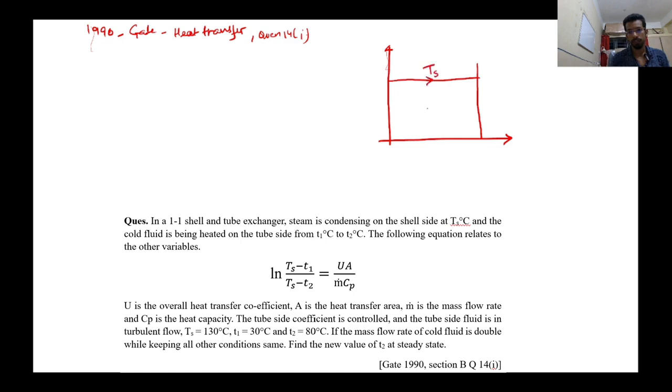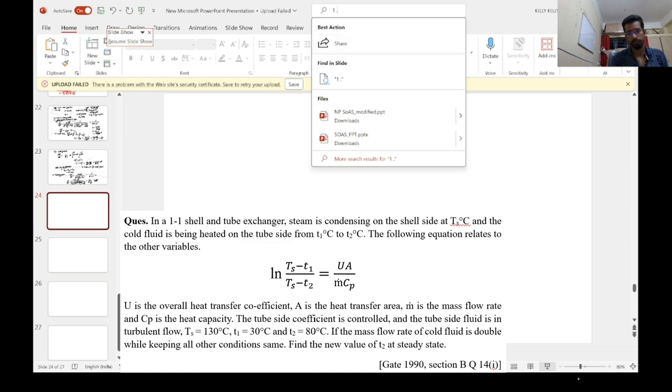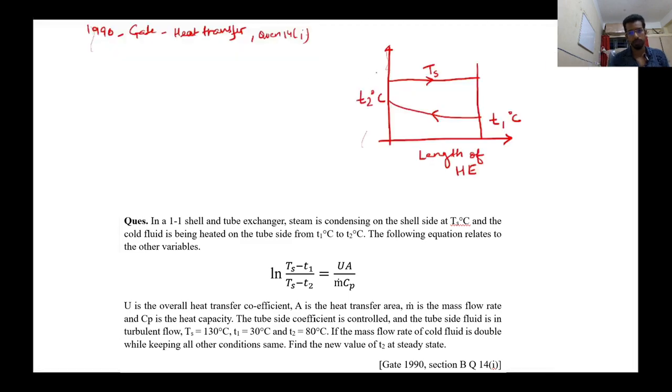Okay, and the cold fluid will get heated up. So initially the temperature was T1 degree Celsius, and right now it is T2 degree Celsius. Okay, length of heat exchanger, and this is the temperature T. So this is the temperature profile when the steam is the heating medium.